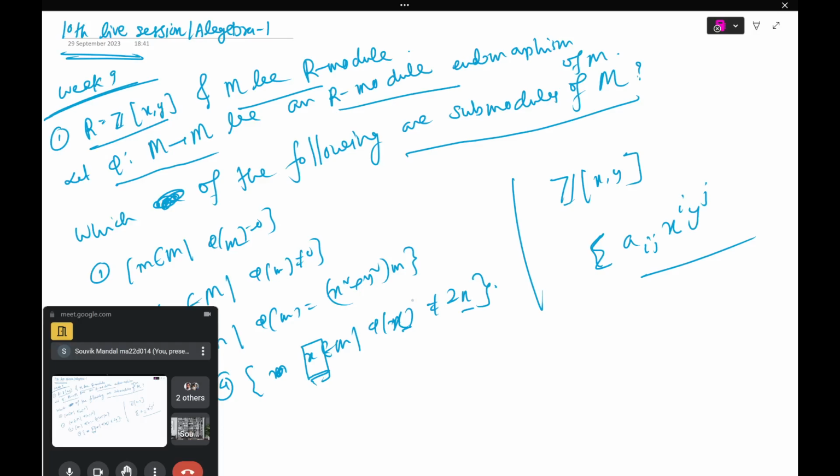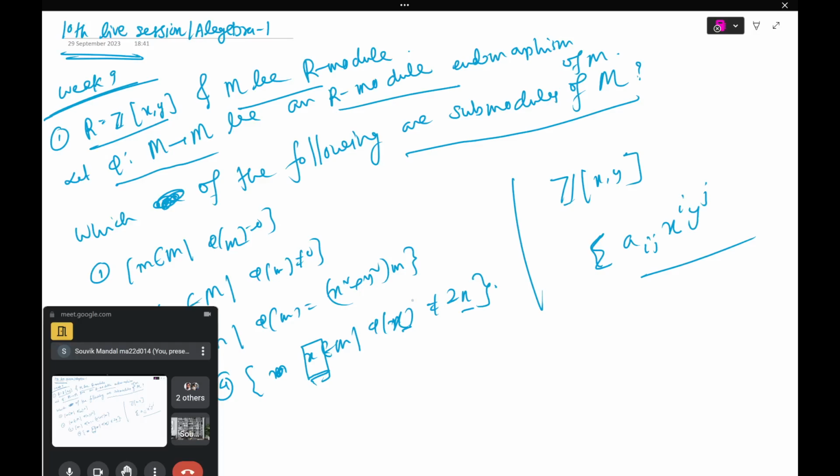Here M is the abelian group, and the characteristic of the group is given. Next we have M equal to 0, and if M is equal to 0, it is the least number.